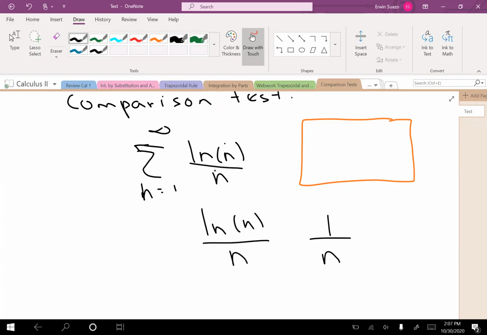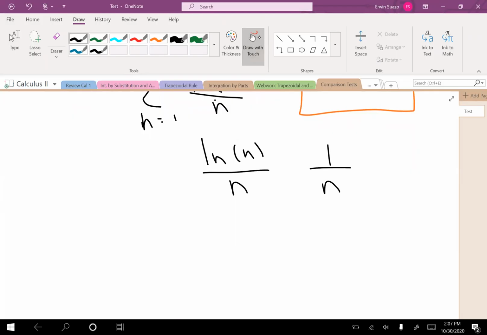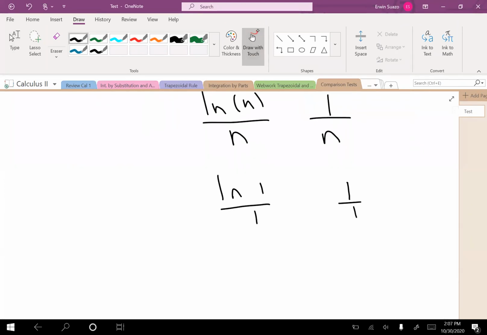Term by term, how do you do this? You start with ln of 1 over 1, and you have 1 over 1. Then you have ln of 2 divided by 2, and 1 over 2.